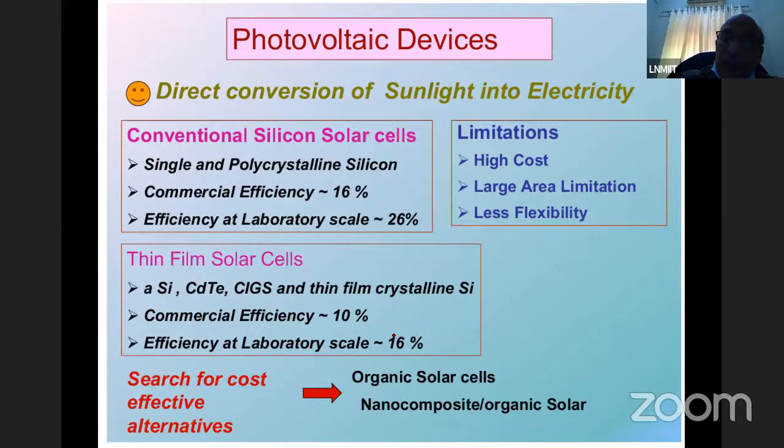But there are some limitations of these materials: high cost, difficult large area fabrication, and less flexibility. So people started working to reduce the cost of solar cells and searched for new materials, that is organic materials, perovskites, and quantum dots. I'll be talking about the organic solar cell only.